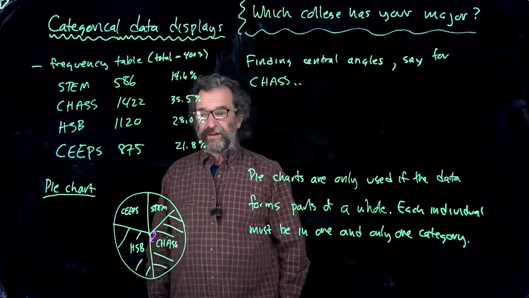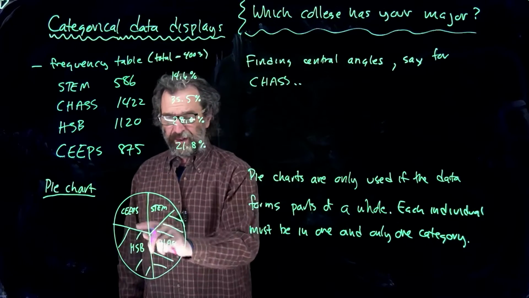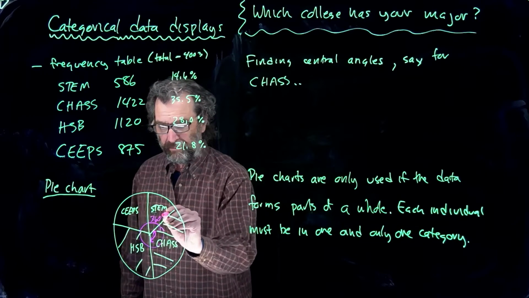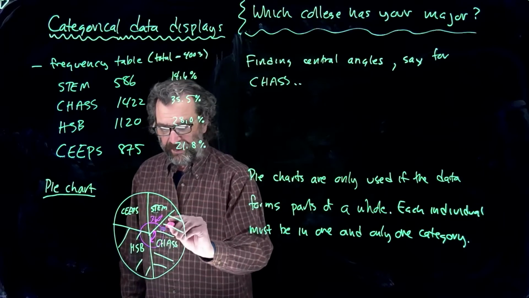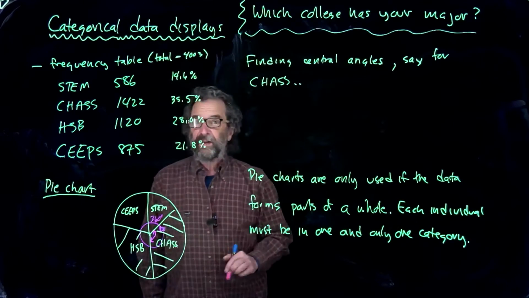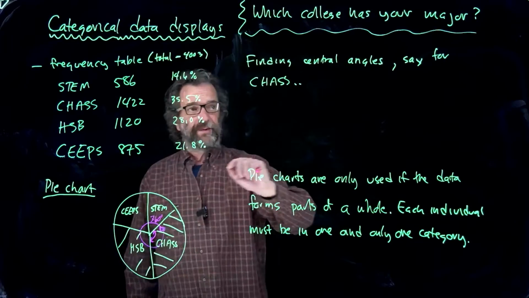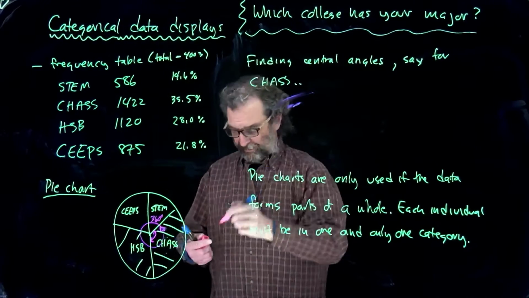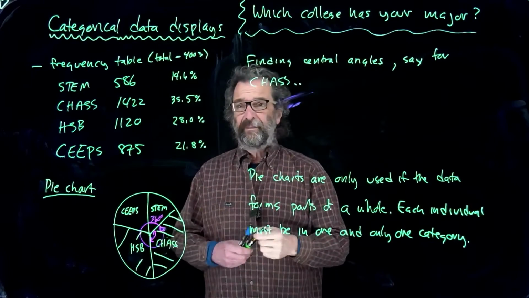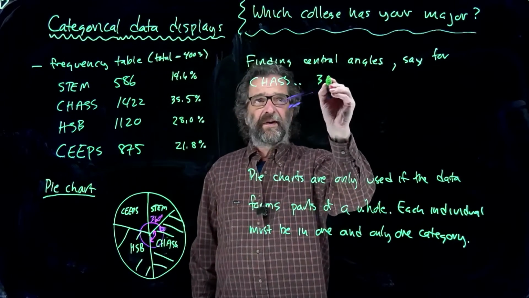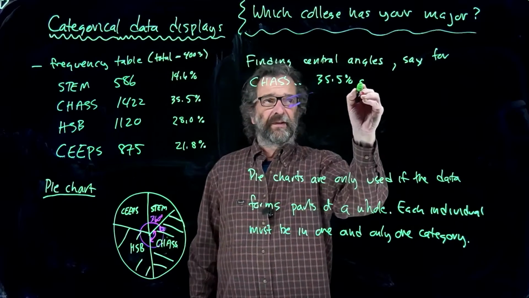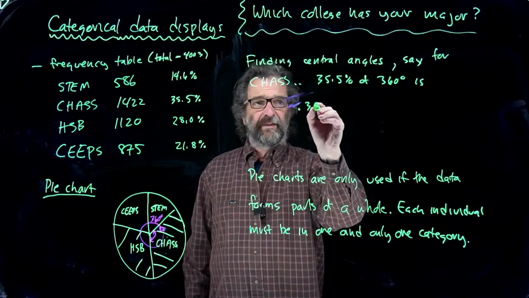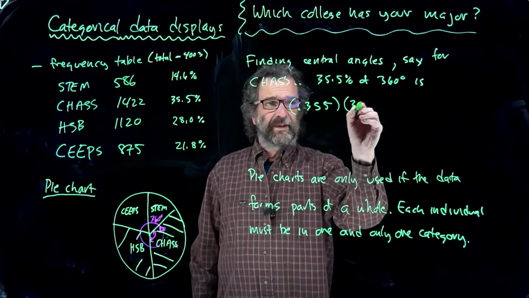But if you want to know the exact angle, since there's 360 degrees all the way around, you would just take what fraction of 360 is 35.5%. So 35.5% of 360 degrees is 0.355 times 360.